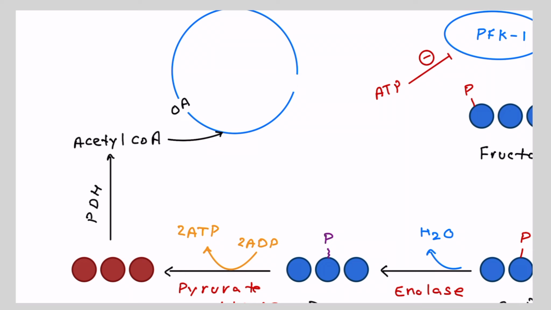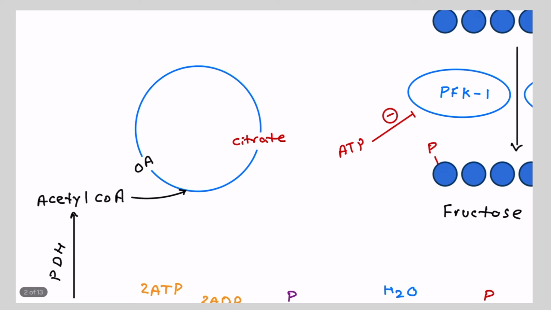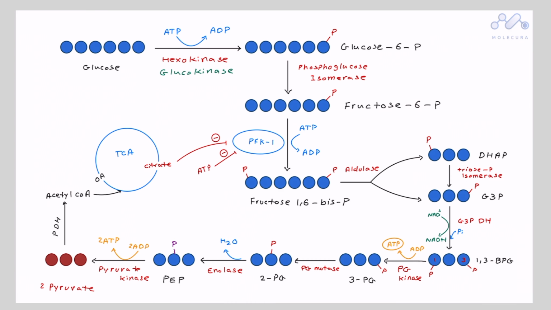So this is going to be our citrate. And now when we have enough citrate, it's going to come here and inhibit our phosphofructokinase 1. So this is our TCA cycle, and our intermediate in the TCA cycle, which is citrate, is going to be inhibiting phosphofructokinase 1.